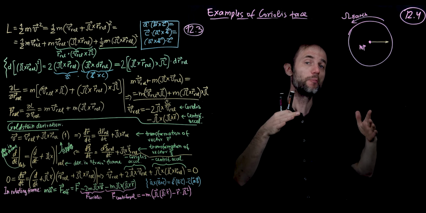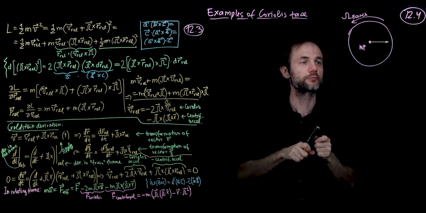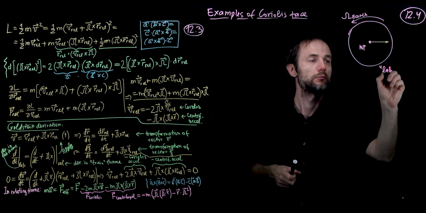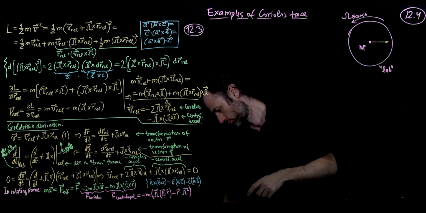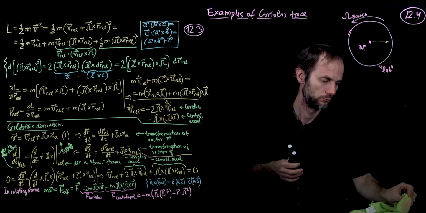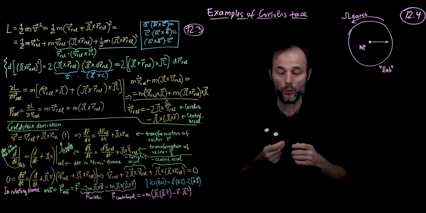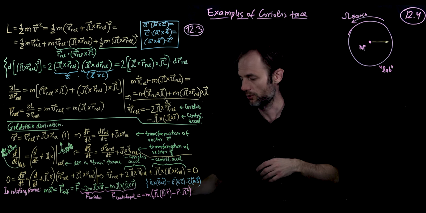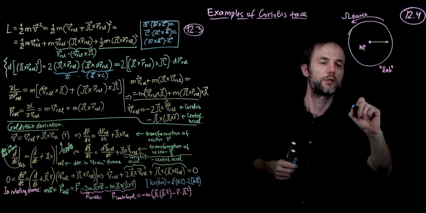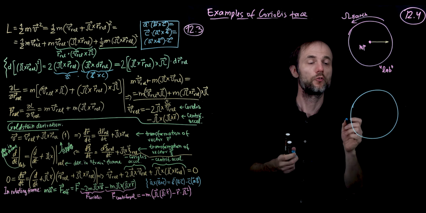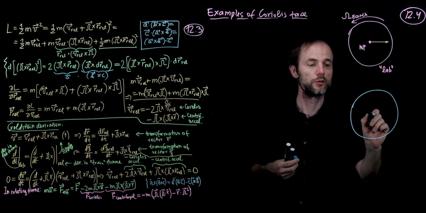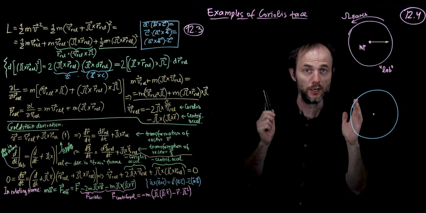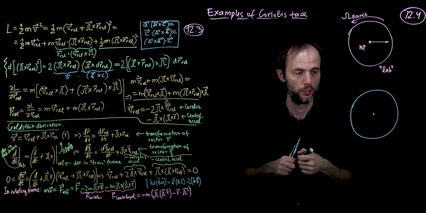However, if we jump into the Earth's frame, because Earth is blue, let's draw it with blue. So if we jump into the Earth's frame, so the Earth doesn't rotate anymore, then what will this trajectory look like?